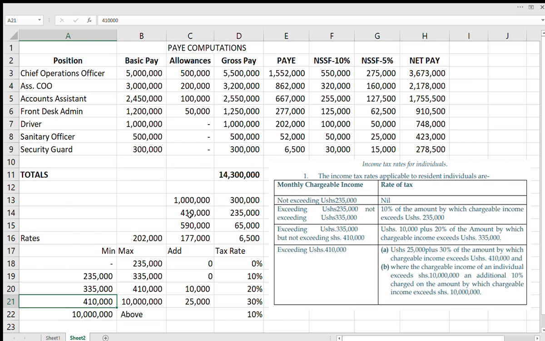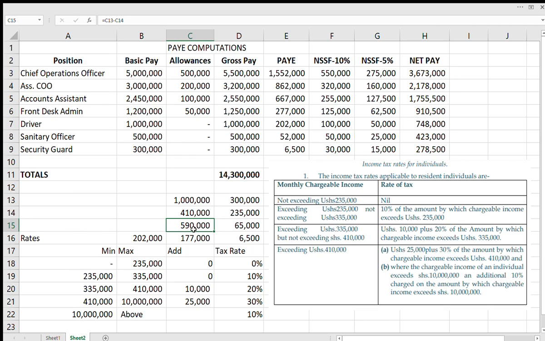So from the minimum, for example, this one had 1 million lying in the range of 410,000 to 10 million. So the amount that is going above the 410,000 is only 590,000 shillings.